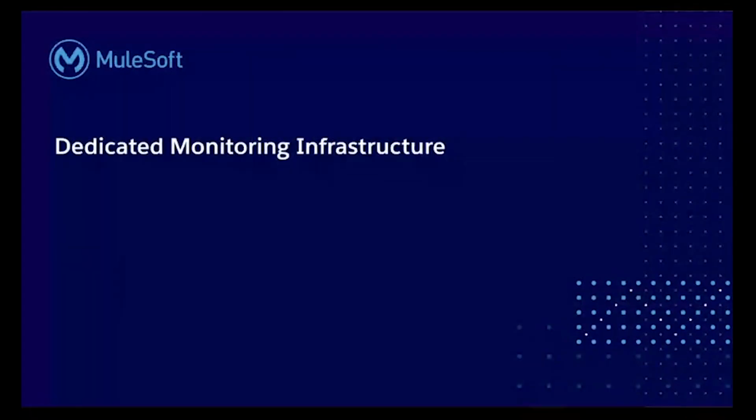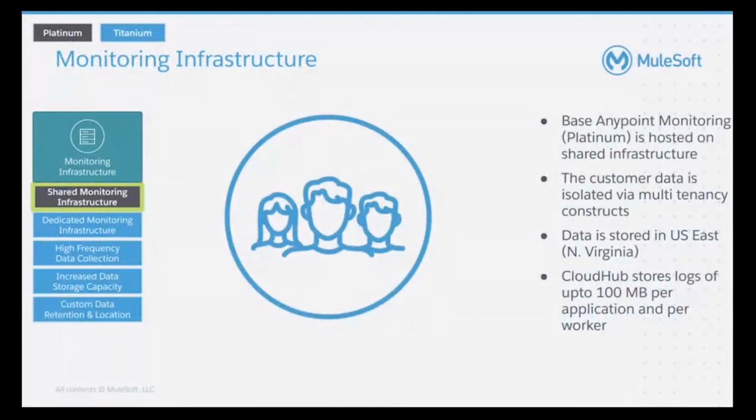And this is something about the dedicated monitoring infrastructure it provides. Anypoint Monitoring Platinum is hosted on dedicated infrastructure. Customer data is isolated via multi-tenancy constructs, and data is stored in US East, North Virginia. Again, the log limit is about 100 megs per application per worker.